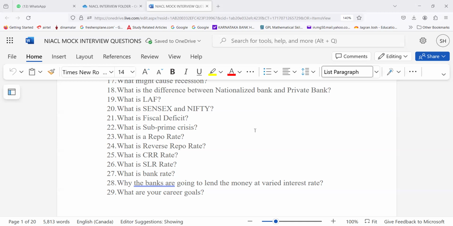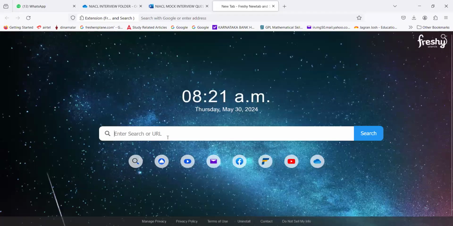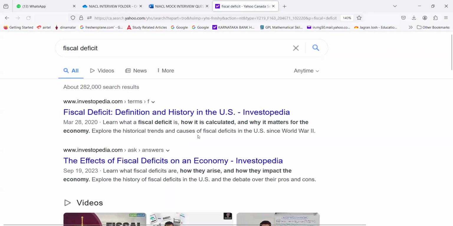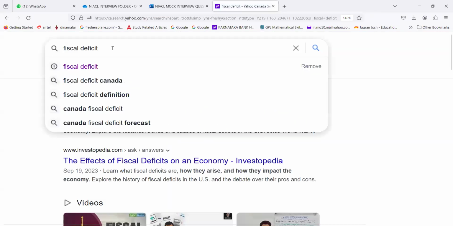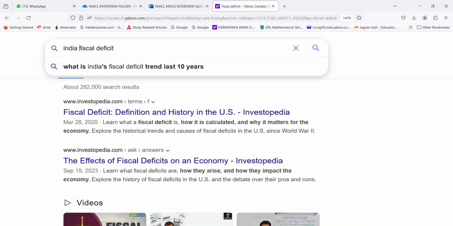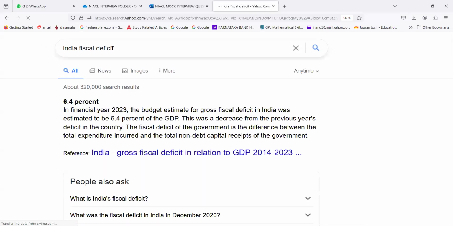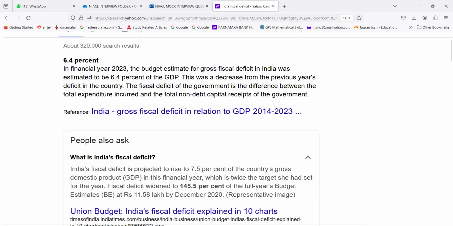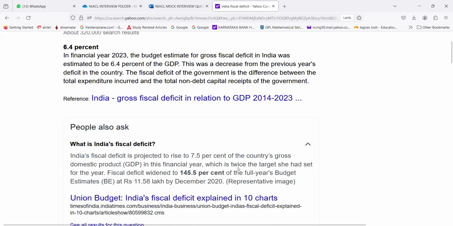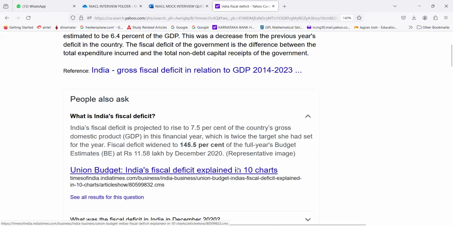Now, apart from this, do you know about fiscal deficit? Fiscal deficit is monitored by the government of India, sir. It deals with the capital market. What is India's fiscal deficit? If you search in Google, India fiscal deficit, it will give you some results.